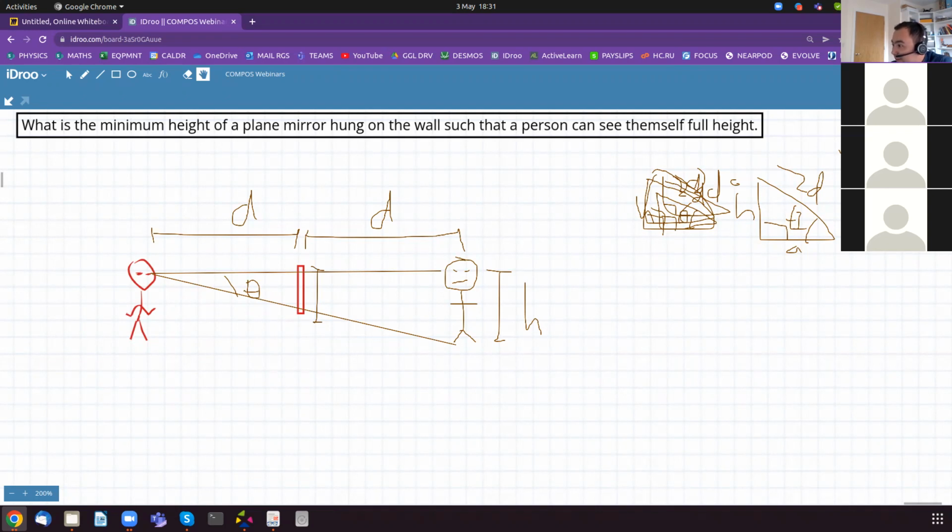And then Era. So yeah, because the distance from the person to the mirror is D, and the distance from the mirror to the image is D as well. And it's the same as if you're looking at an identical person through a window.